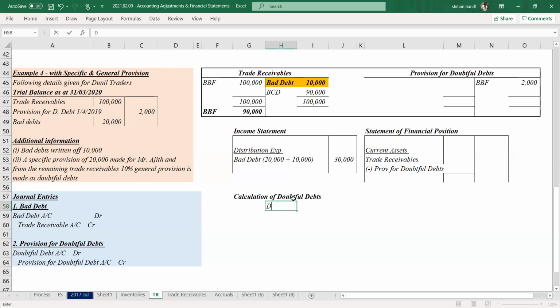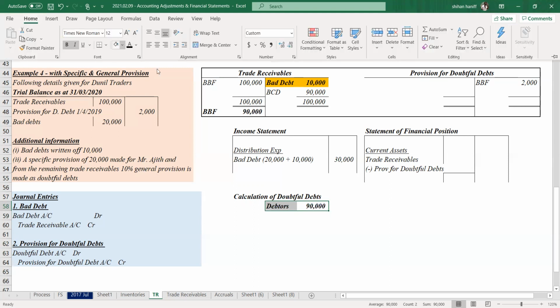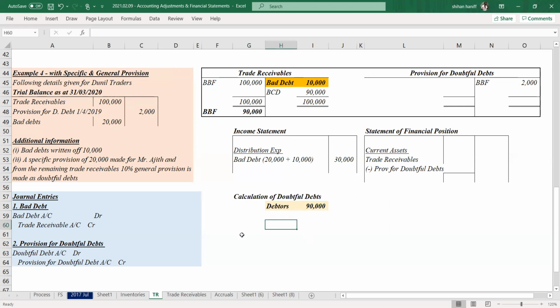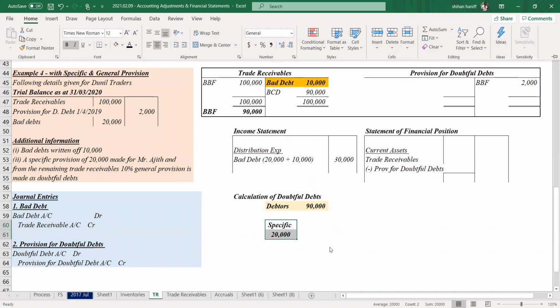Now we have total debtors 90,000. Okay. We have total debt as 90,000. Out of this, specific, there is one person who needs to pay 20,000. So we make 20,000 a specific provision.